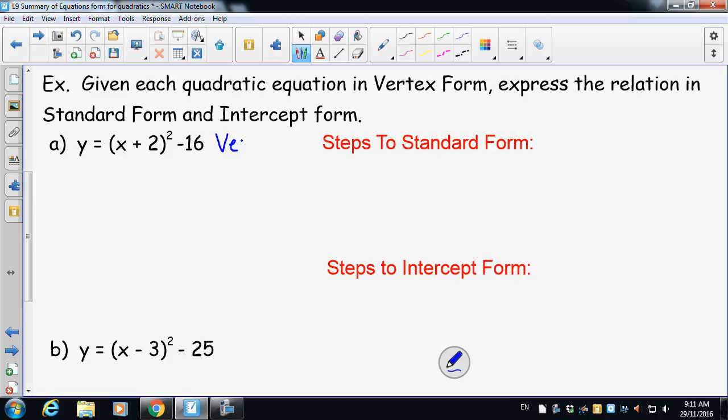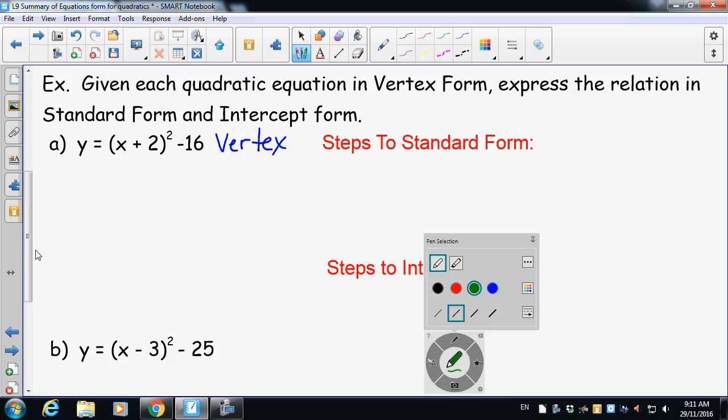So we are given the equation here in vertex form. If I want to change out of vertex form, I'm going to use everything I know about algebra. So the first thing I know about algebra is that if I have a bracket squared, it really just means I multiply the bracket by itself. And that's exactly what I'm going to do. And when I multiply the bracket by itself, it's a nice little FOIL question.